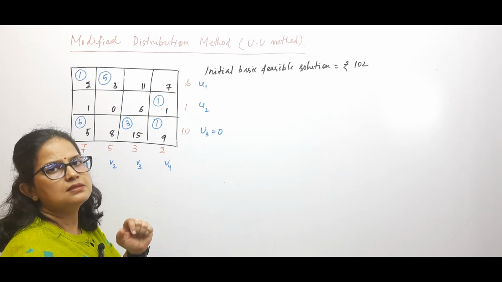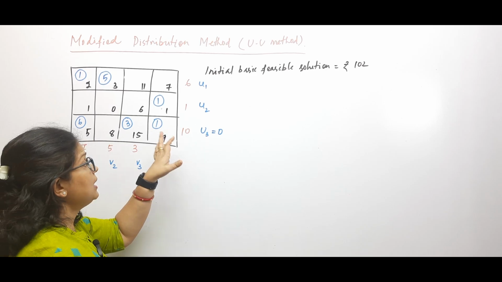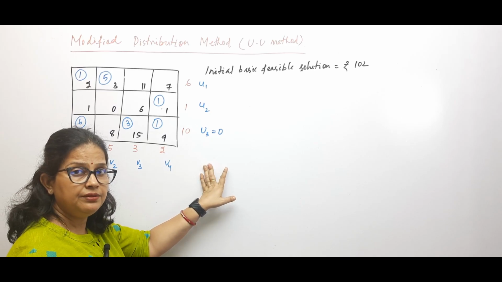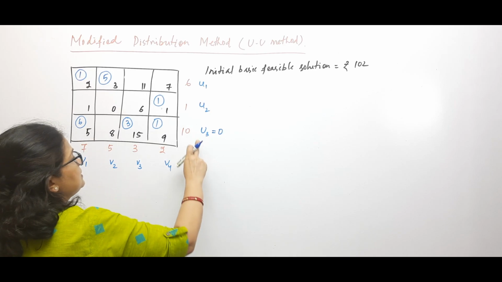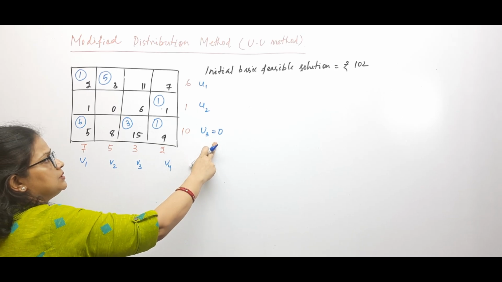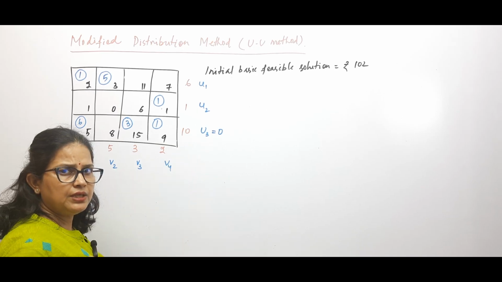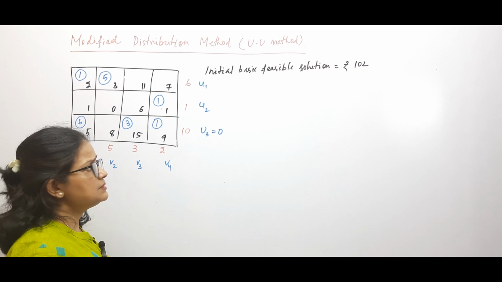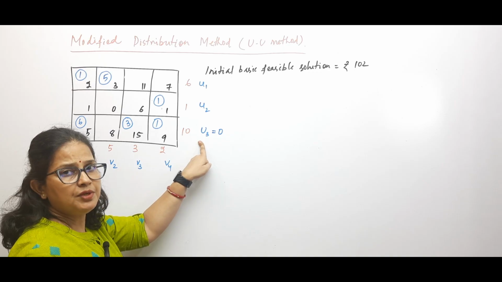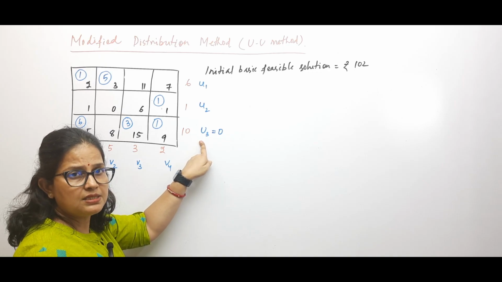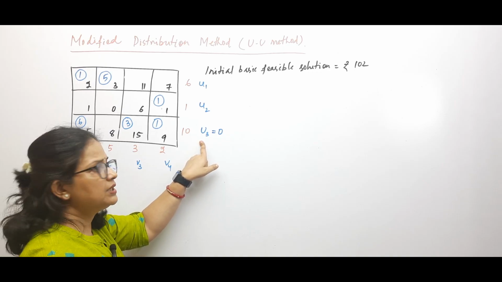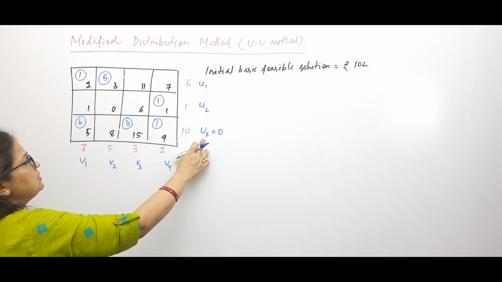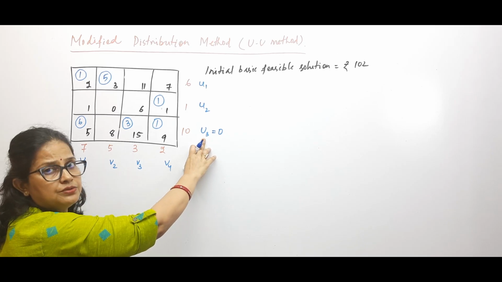Assume that as 0. For the allocated cells only, we are calculating the U and V values. So U3 equals 0. Otherwise, you can assume any U as 0 and find the values. But it's better to assume it where the maximum number of allocations are, so that we can get our U and V easily. So here I have assumed U3 equal to 0.